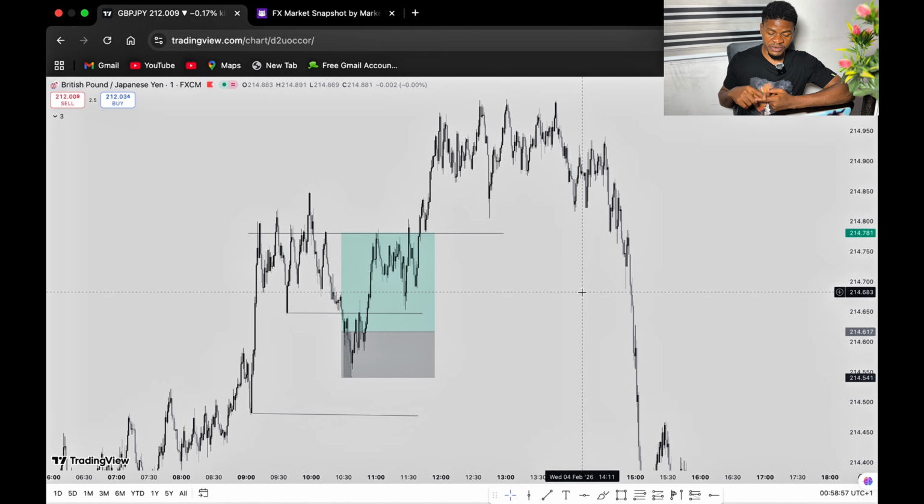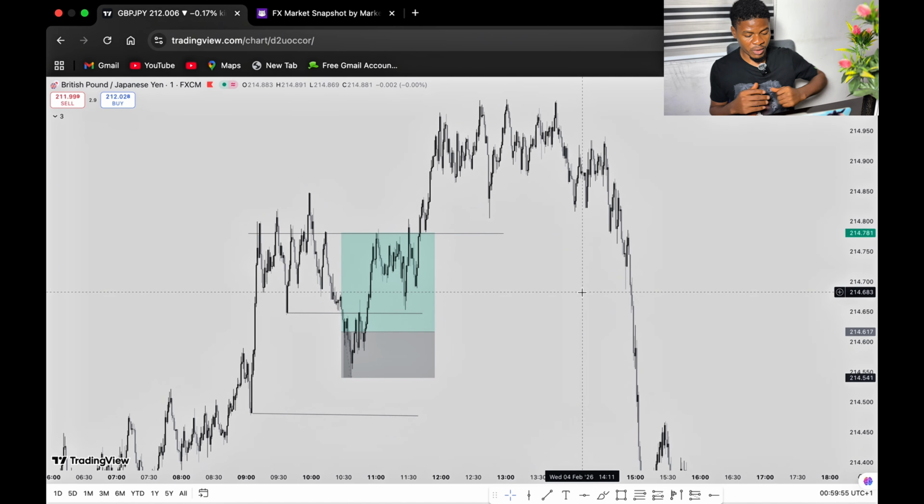When I say sweeping the previous high, it can sweep 2, 3, 4 previous lows or previous highs, so it's not just one. You just have to mark down those lows and those highs. During that time, the third one is change of character, market structure shift. Once the market has changed after the pullback, that is when you either buy or sell.